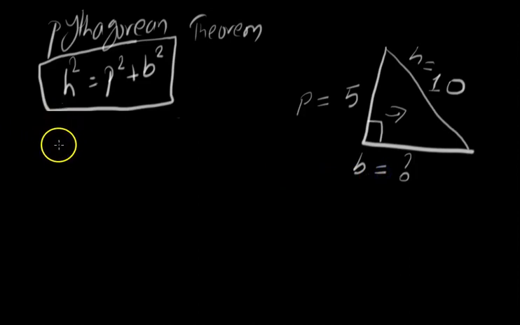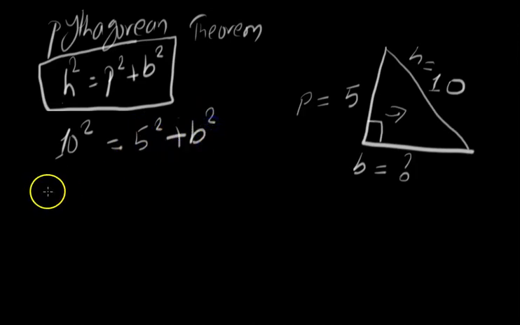We have 10 square, because the hypotenuse is 10, equal to 5 square plus b square, and we need to find b. 10 square is 100, equal to 5 square, which is 25, plus b square.